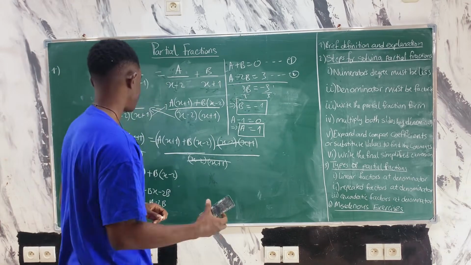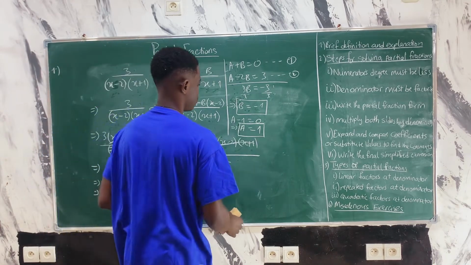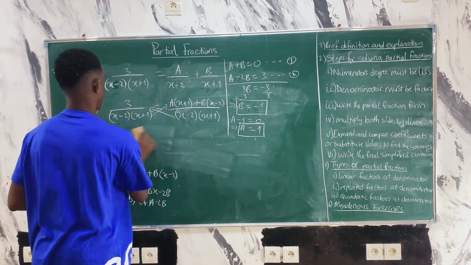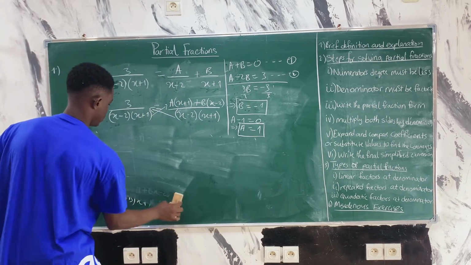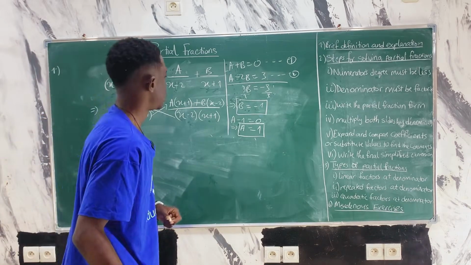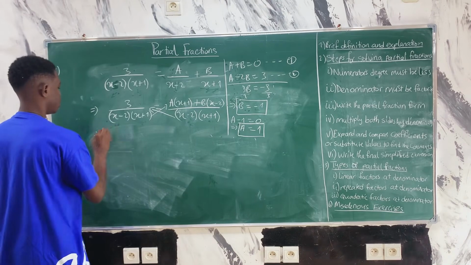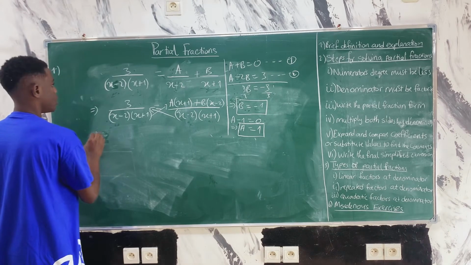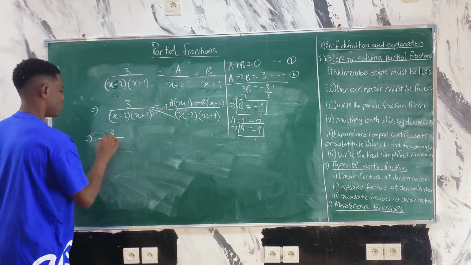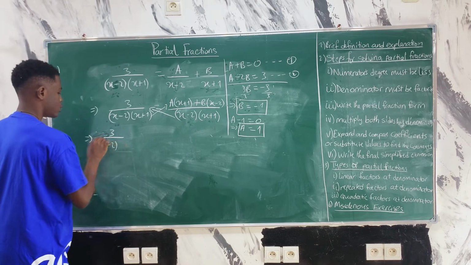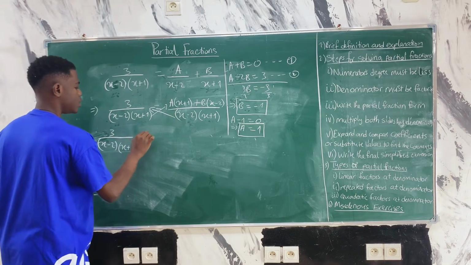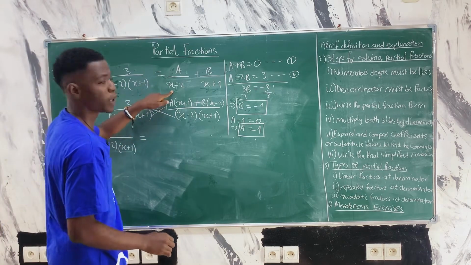So our final expression would be, to write this back, 3 on x minus 2 into x plus 1 is equal to a on x minus 2.